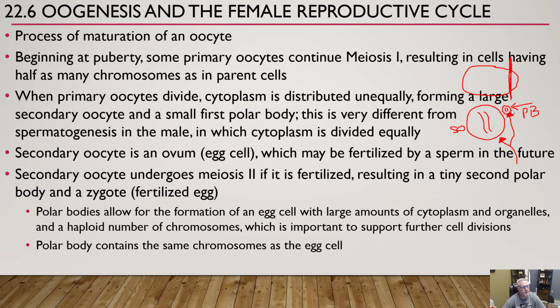But the key takeaway is that the polar body does have the exact same genetic information as the secondary oocyte does. But it doesn't have the large amount of cytoplasm, the large amount of nutrients, and the large amount of organelles that the secondary oocyte has.